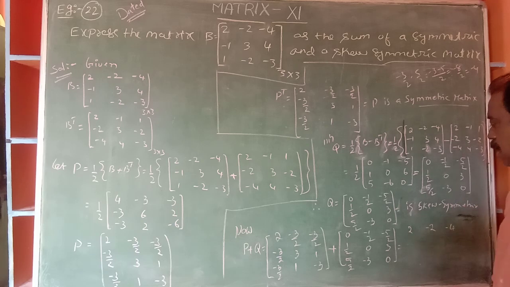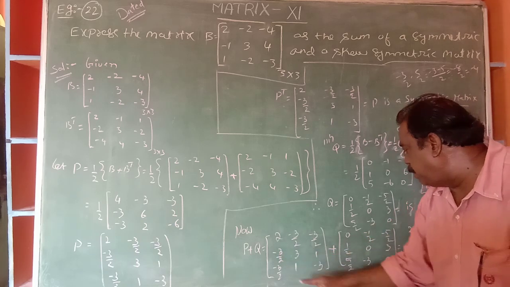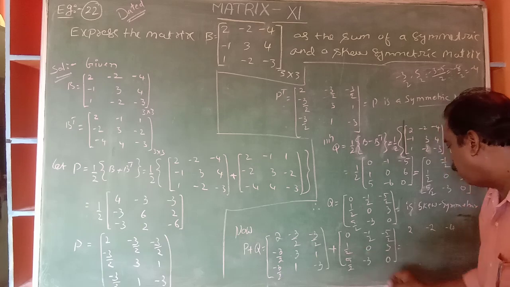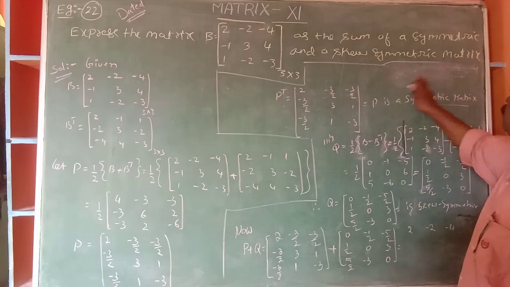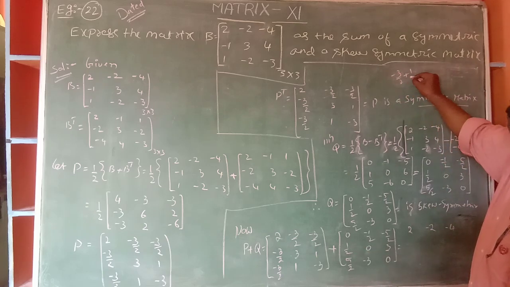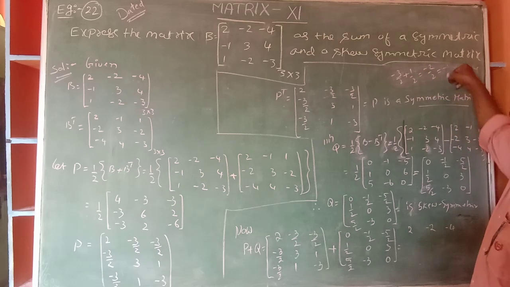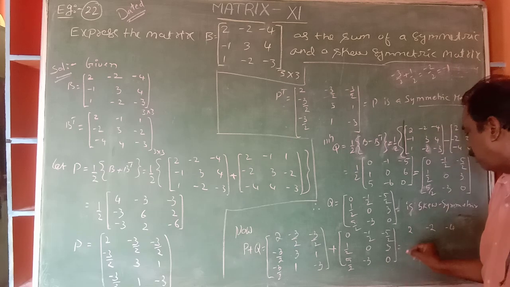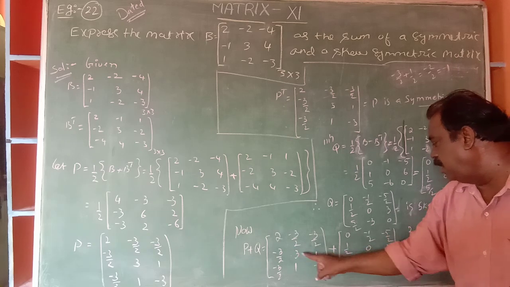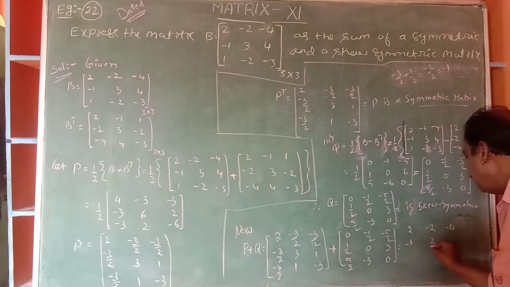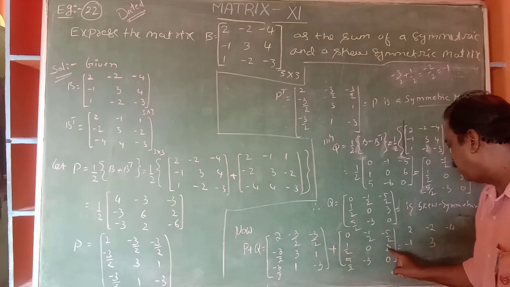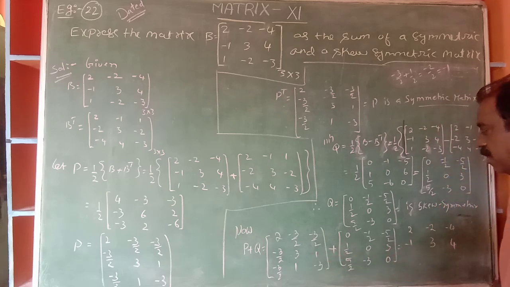Okay. Now minus 3 by 2 plus 1 by 2. It is minus 3 plus 1, minus 2 by 2. It is minus 1. So it is minus 1. 3 plus 0 is 3. 1 plus 3 is 4.